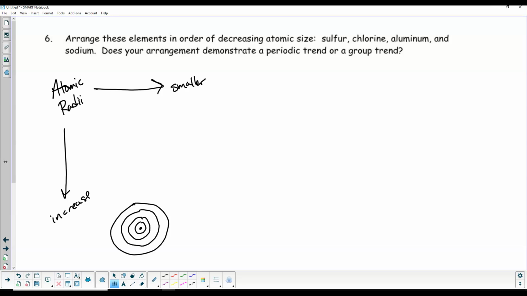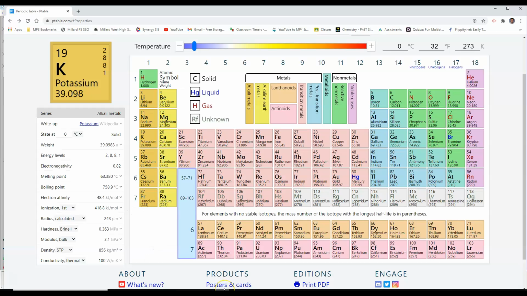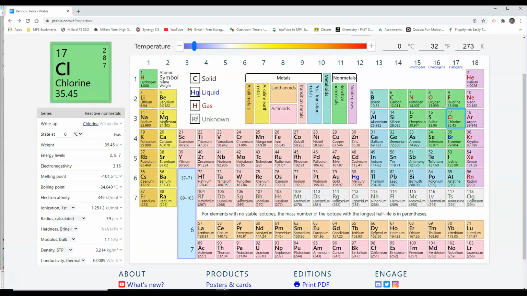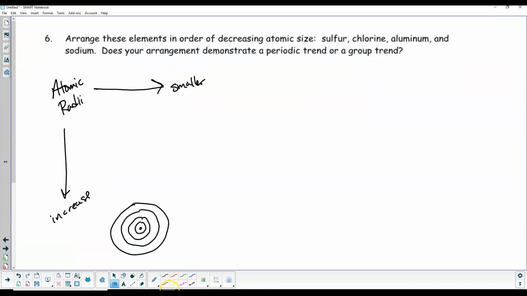So we need to look for these elements: sulfur, chlorine, aluminum, and sodium. Remember, they get smaller as you go across. Did it say increasing or decreasing? It says decreasing atomic size. So we want to go to the biggest one first, which is going to be sodium.